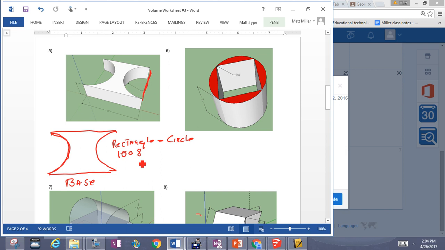That's 10 times 8, minus the circle area, and the circle is pi r squared, where r is equal to 4. So it's pi r squared, it's 16 pi. So then that's 80 minus 16 pi, which is the base area.